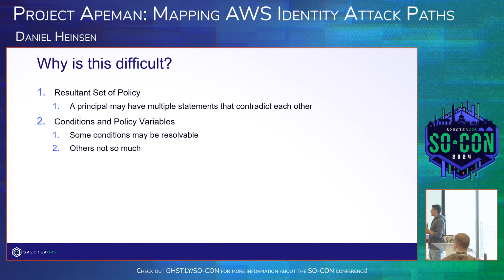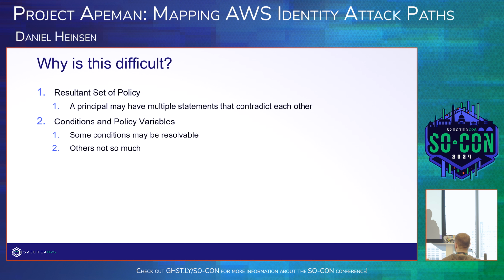So there are two reasons why building this out is difficult, right? The first of which is this idea of resultant set of policy, and that's a Microsoft term too, but it's this idea that you can have conflicting statements on a given principle.